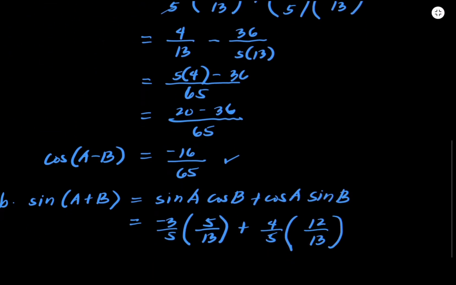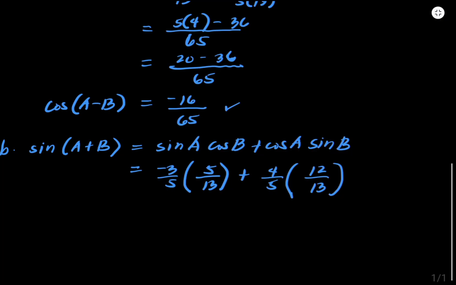Now let us simplify. We have 5 cancelled. So negative 3 over 13 plus, this is 48 over 65.